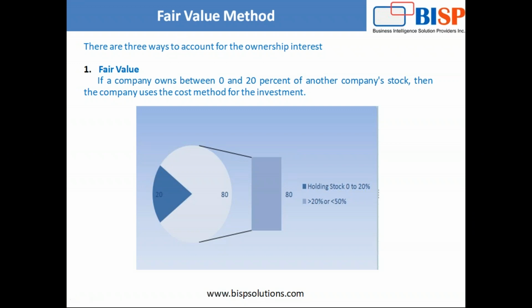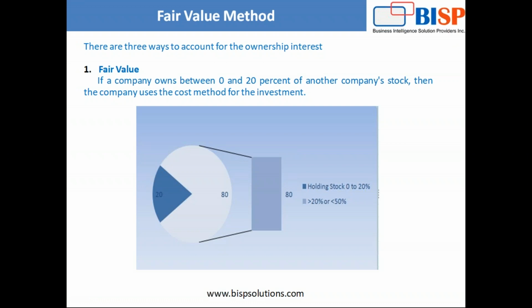There are three ways to account for the ownership interest: when we have 0 to 20%, when we have less than 50%, or when we have more than 50%. This is the first method, where if your company owns between 0 to 20% of another company's stock, the company uses the fair value method.